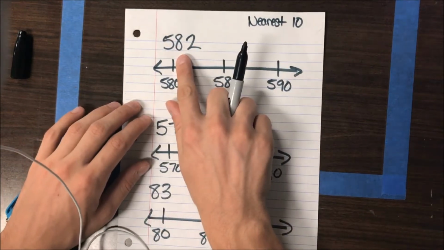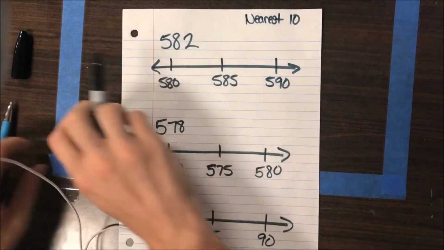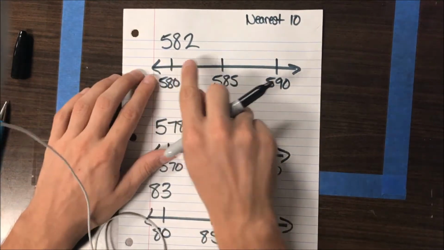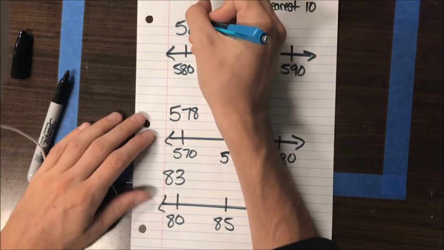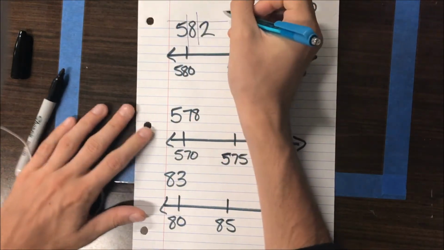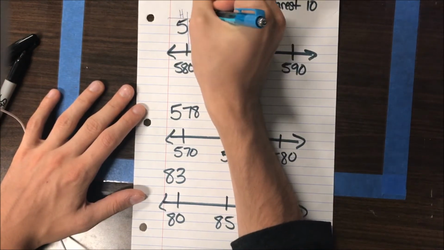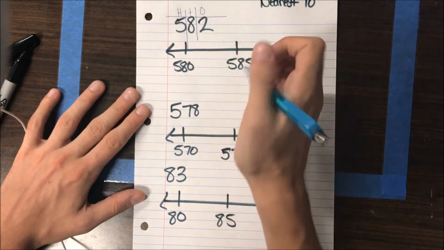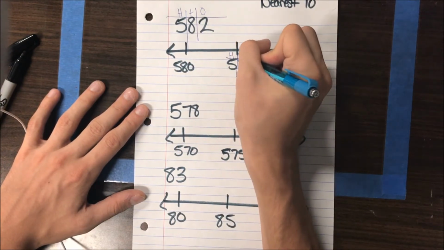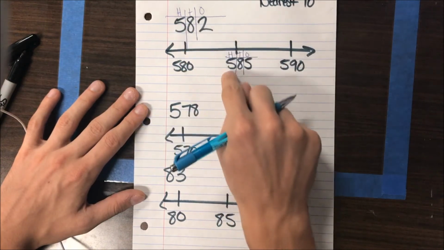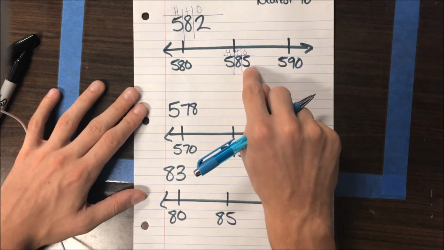So right here, we can see this is the number we're rounding. And so I'm going to quickly go through and place these. So we can see that we have 582. And so we have our hundreds, our tens, our ones. Hold on, let me put this in a place value house. Hundreds, tens, ones. We can see that the hundreds are tied, the tens are tied, and the ones are different.